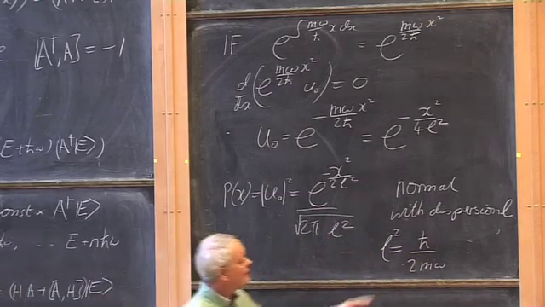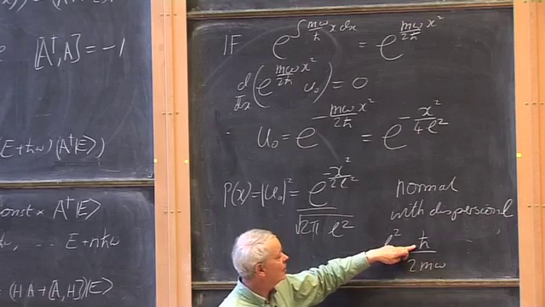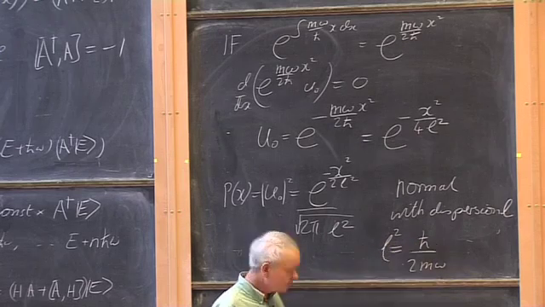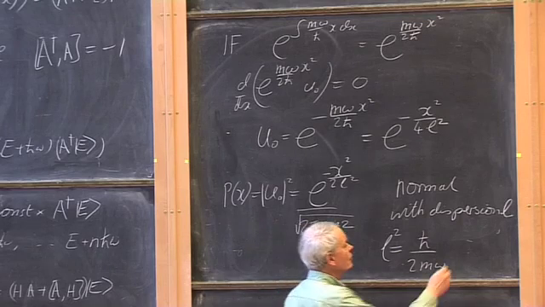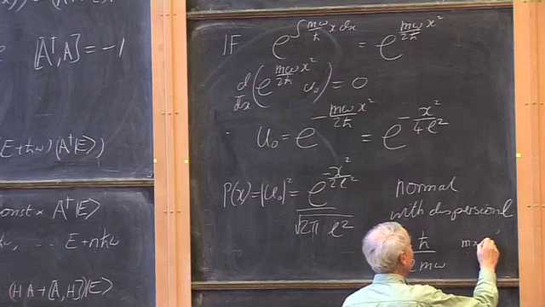Let's check that this has the right dimensions. One should always be checking one's dimensions in physics. This has the dimensions of momentum times distance, so this is m, x, v.